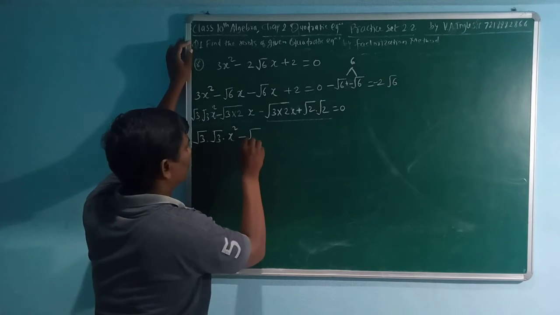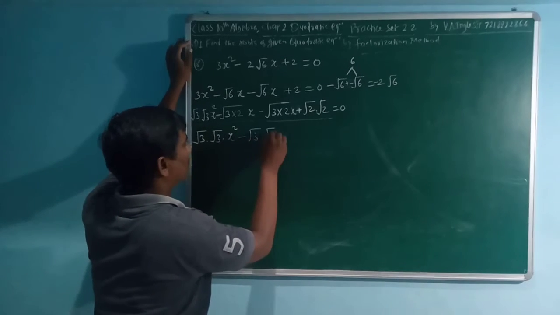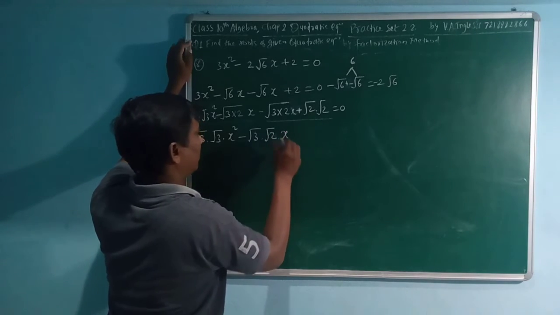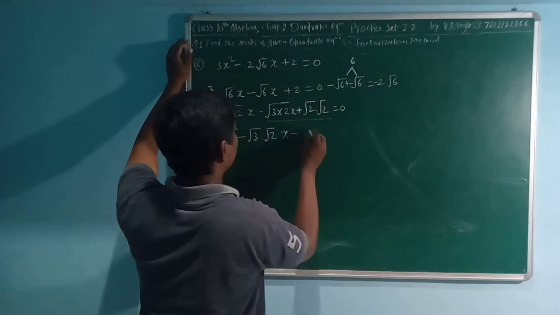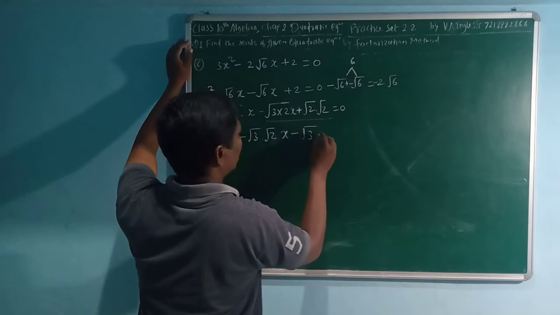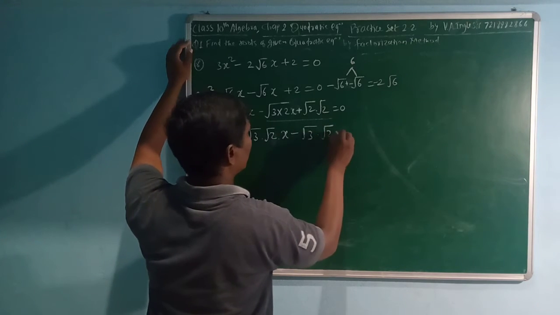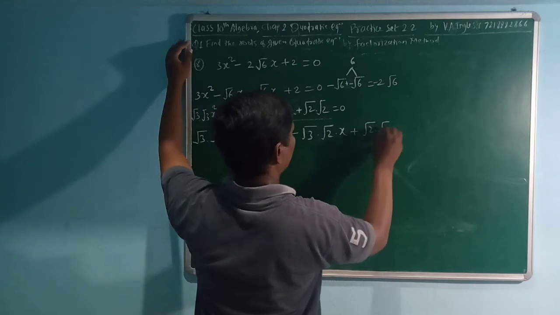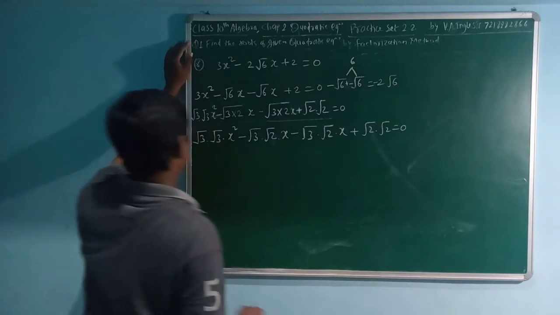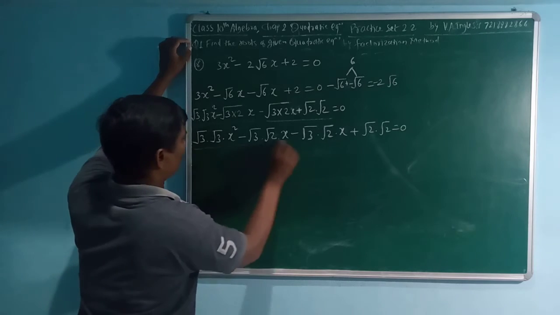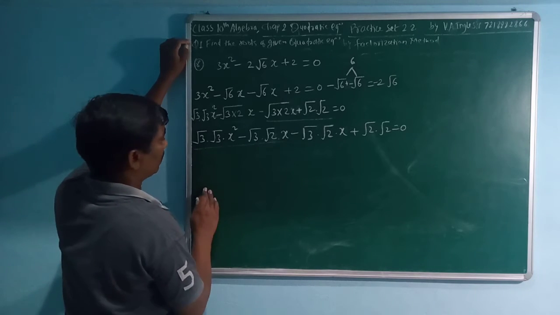Now here I can write root 3 into root 3 x square minus, again here I can write root 3 into root 2 into x, and then here root 2 into root 2 equals to 0.